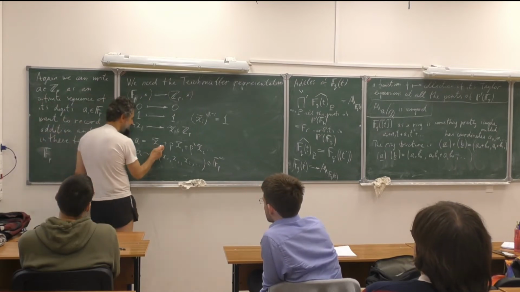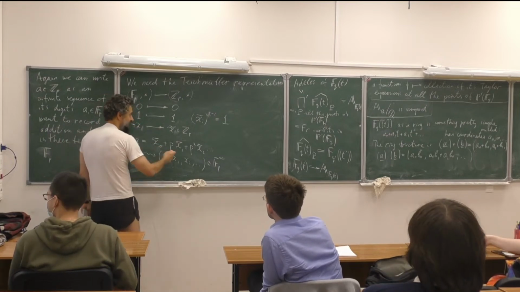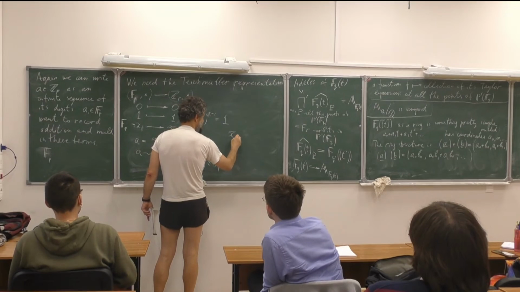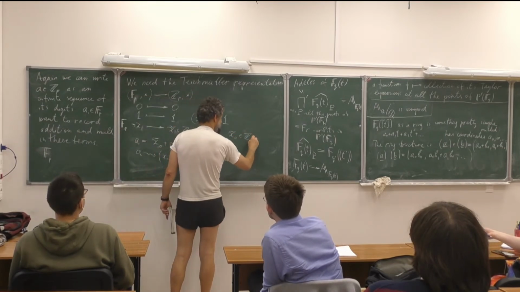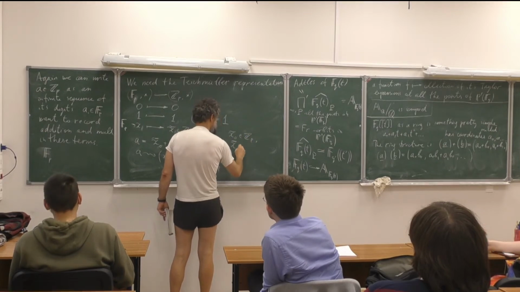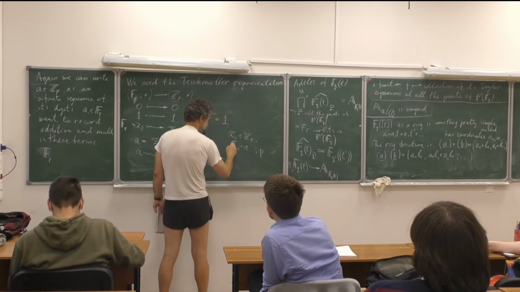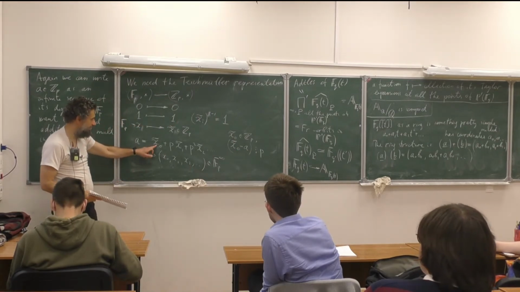No, this is just the... Look, these are coordinates. x0 minus a is divisible by p. So I find the first digit.